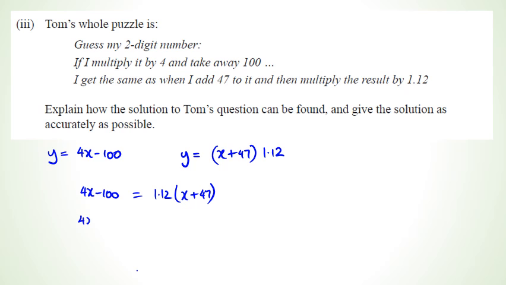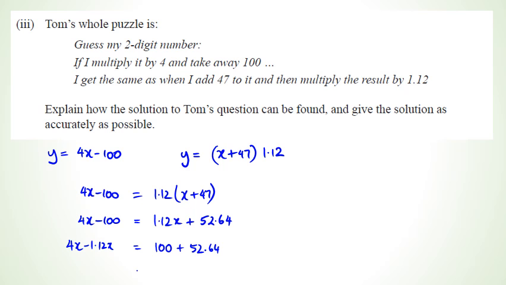So expanding it and rearranging, you're going to get 4x minus 100 equals 1.12x plus 47 times 1.12. 47 times 1.12 is going to give you 52.64. So rearranging this, you're going to get 4x minus 1.12x equals 100 plus 52.64.